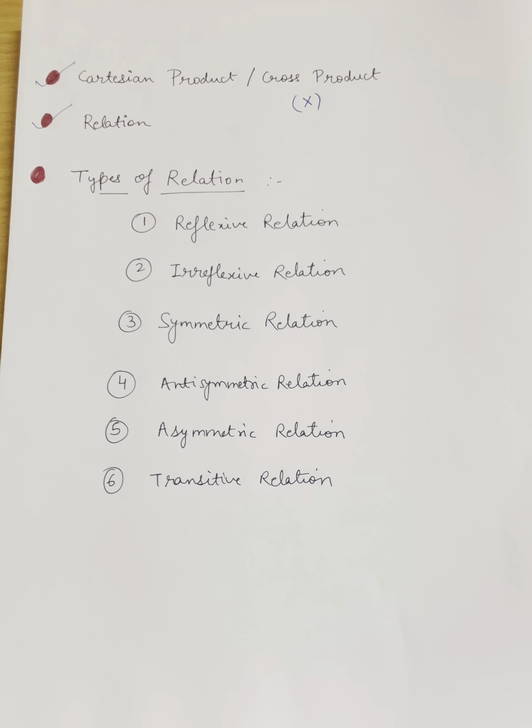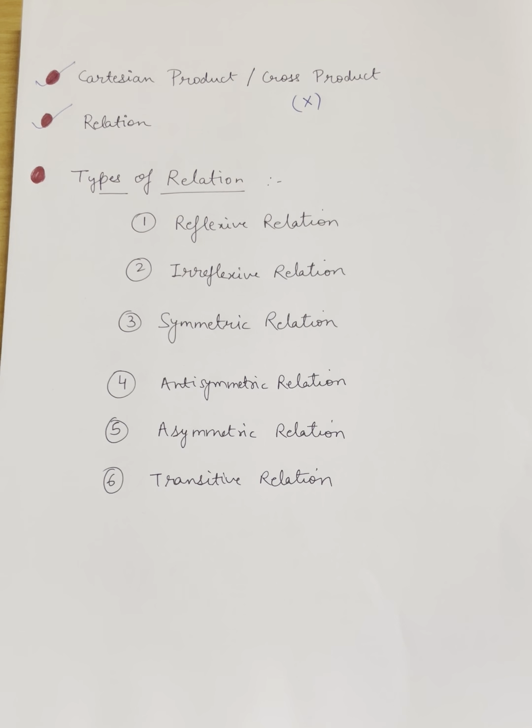The first one is reflexive, the second one is irreflexive, and then symmetric, antisymmetric, asymmetric, and transitive. In this video we cover only two types of relation, reflexive and irreflexive. The other types we will cover in the next video.